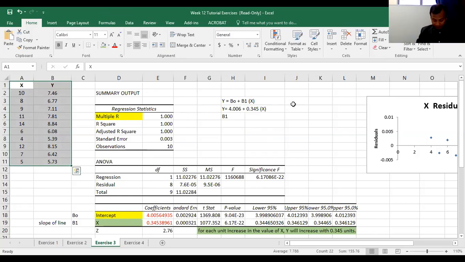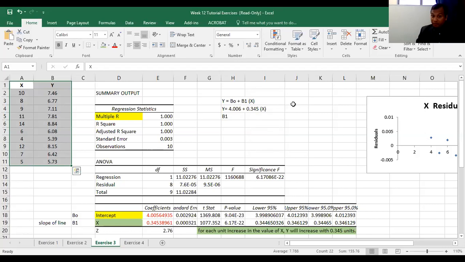Then part E. What is the 95% confidence interval for the unknown population slope parameter? We have calculated this one several times manually, but from this Excel output, you can clearly point it out.